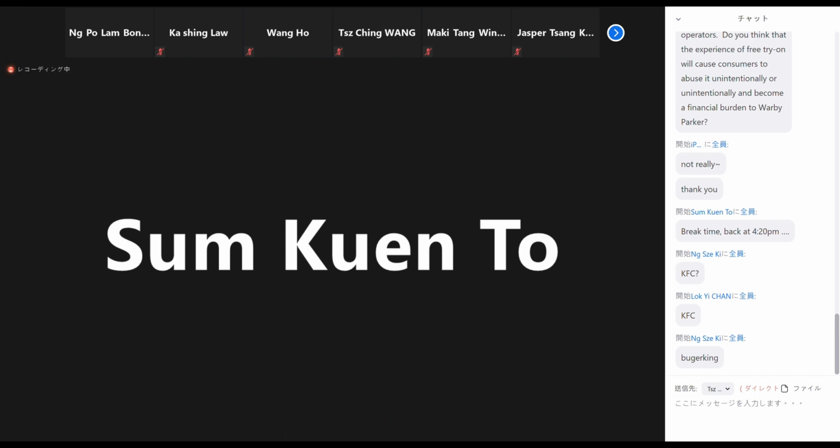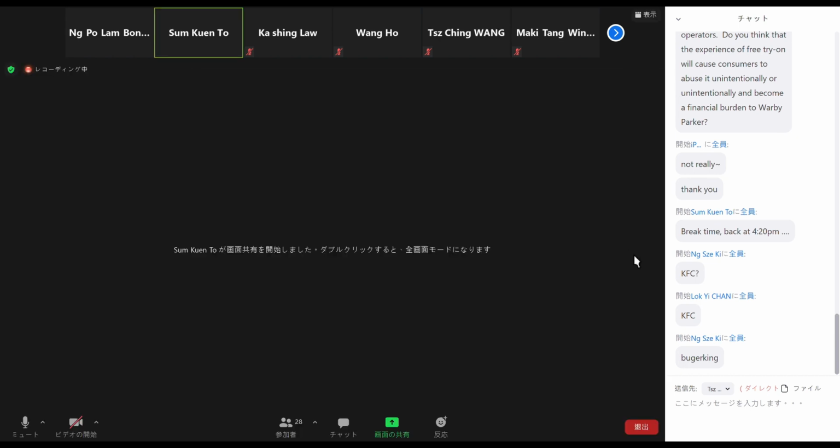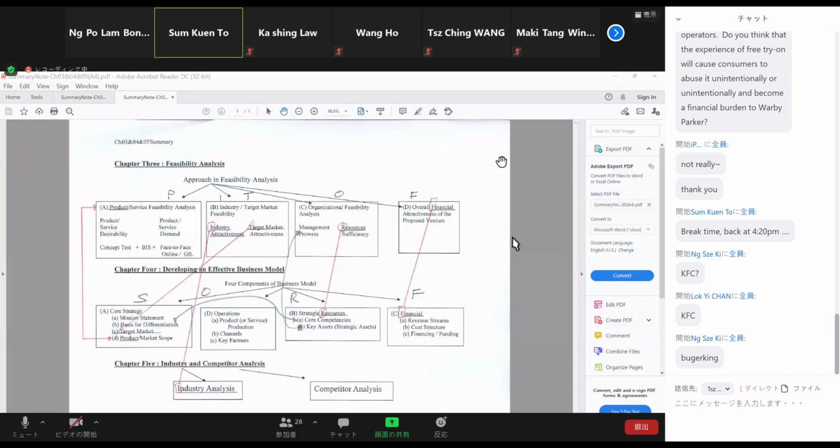Hold on. Let me get my file first. Okay, close a tab. And here is the one. All right. And now here is another summary note. You can see from here just the overall conceptual one.